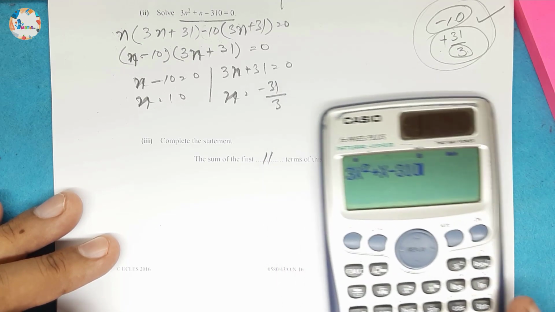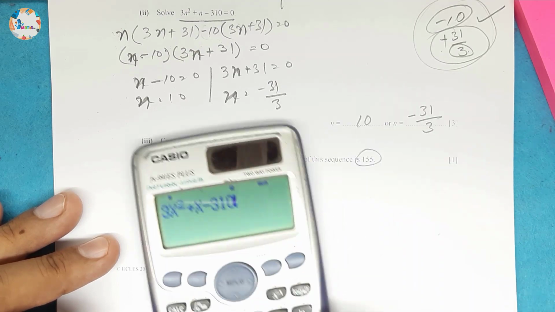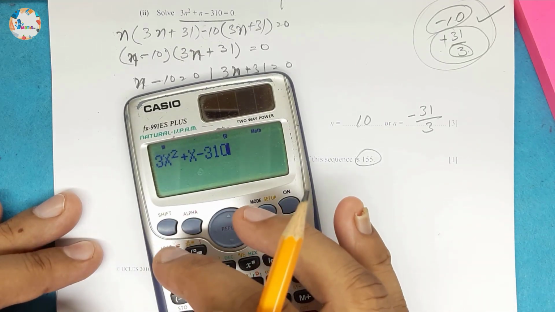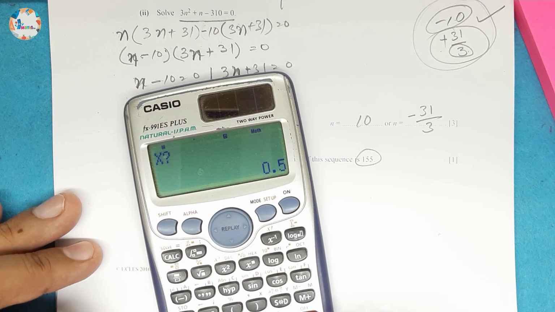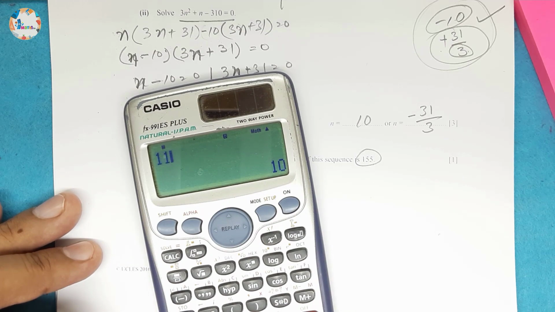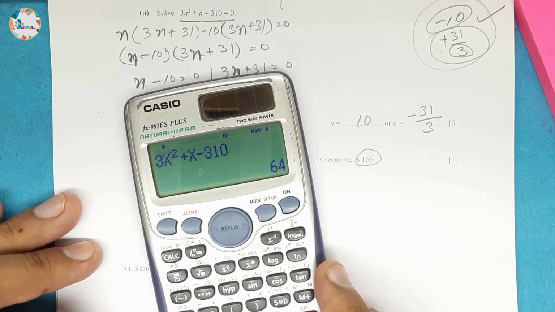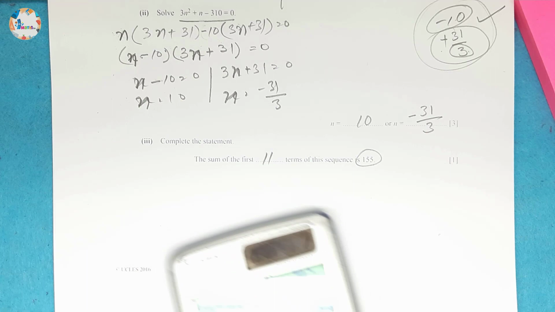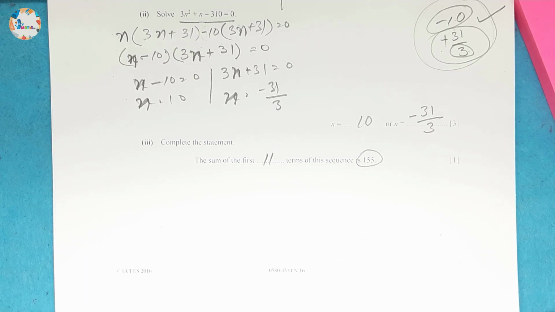Now we'll have to solve it, we need 155. So calculate for x is equal to 10. If we check, this will be giving us 0. So calculate for x is equal to 11, and this is giving us the answer as 64.